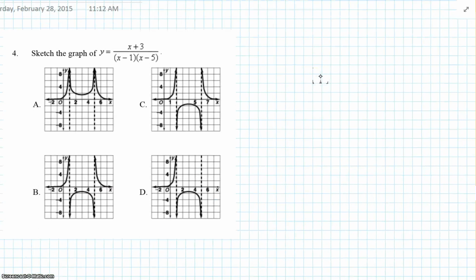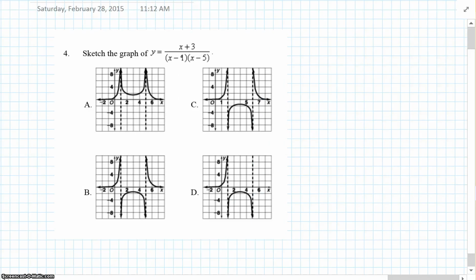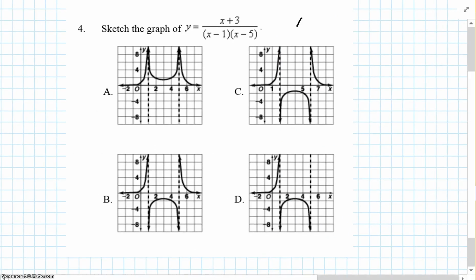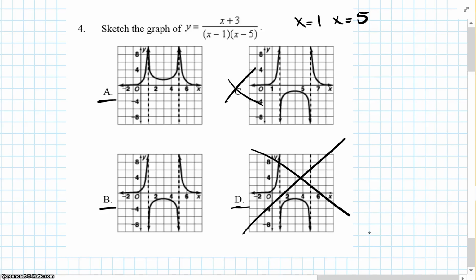All right, sketch the graph of y equals x plus 3 over x minus 1 times x minus 5. So let's look. We know we're going to have vertical asymptotes at x equals 1 and x equals 5. So A is still a possibility, C's out, B is still a possibility, D is a possibility, but we know it's going to continue on to the right, so we can rule out D, we can rule out C. Now let's just pick a number and plot points.